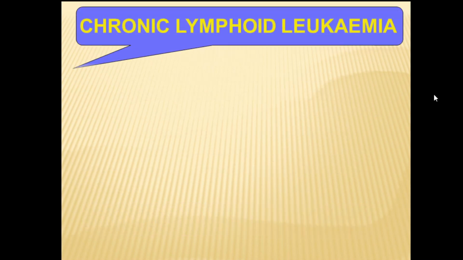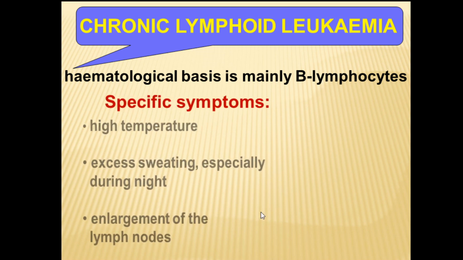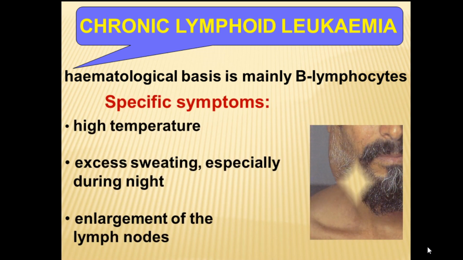The next leukemia on which I want to stop is chronic lymphoid leukemia, a lymphoproliferative leukemia, which appears due to a hematological problem in B lymphocytes and is characterized by specific symptoms. Predilection to high fever, accompanied with severe sweating, especially during the night, and early enlargement of lymph nodes.